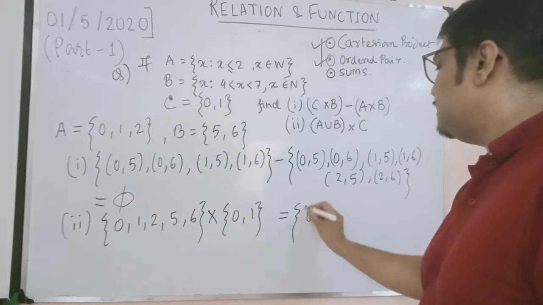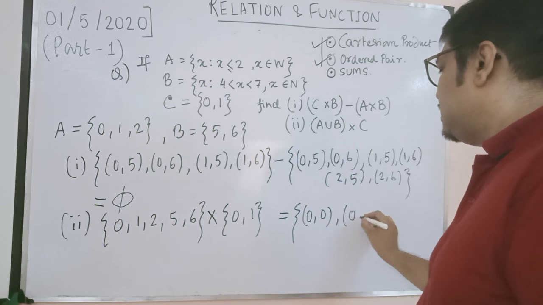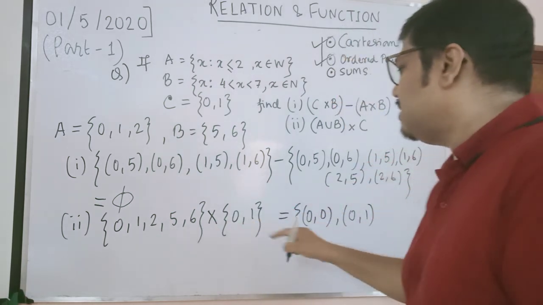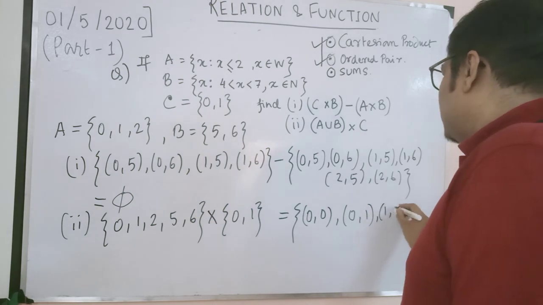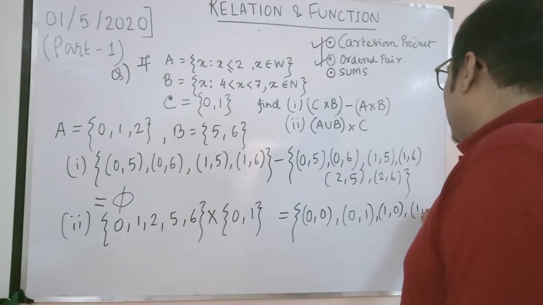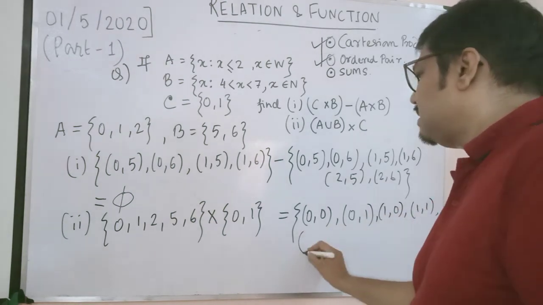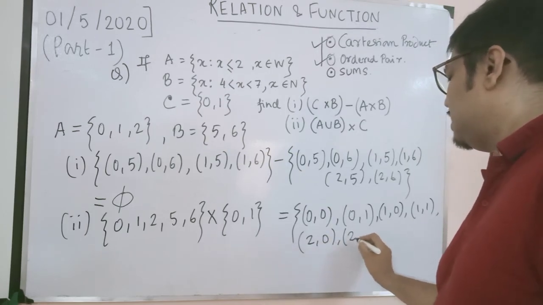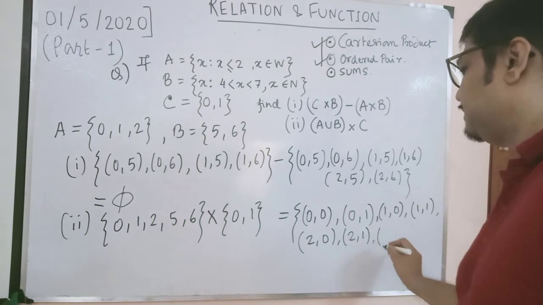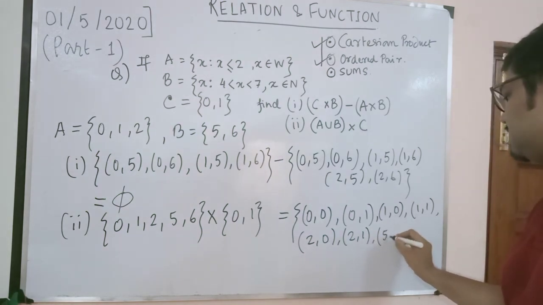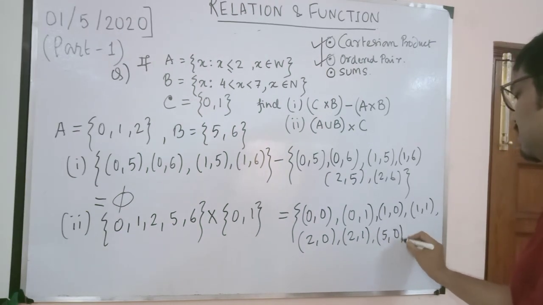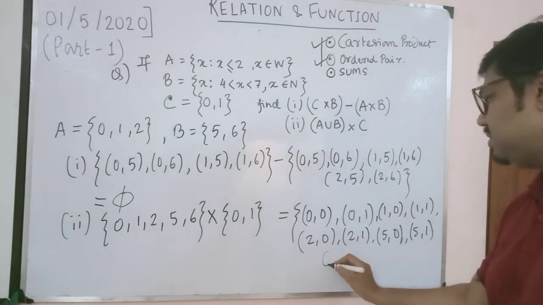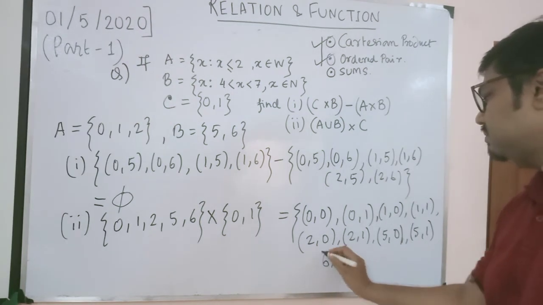0, 0, then 0, 1. Okay. Then 1, 0, then 1, 1, then 2, 0, then 2, 1, 5, 0, 5, 1, 6, 0 and 6, 1.